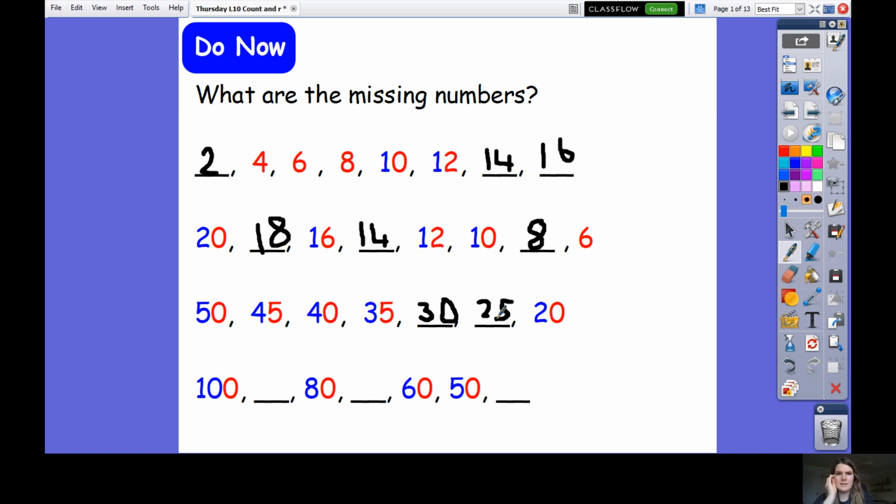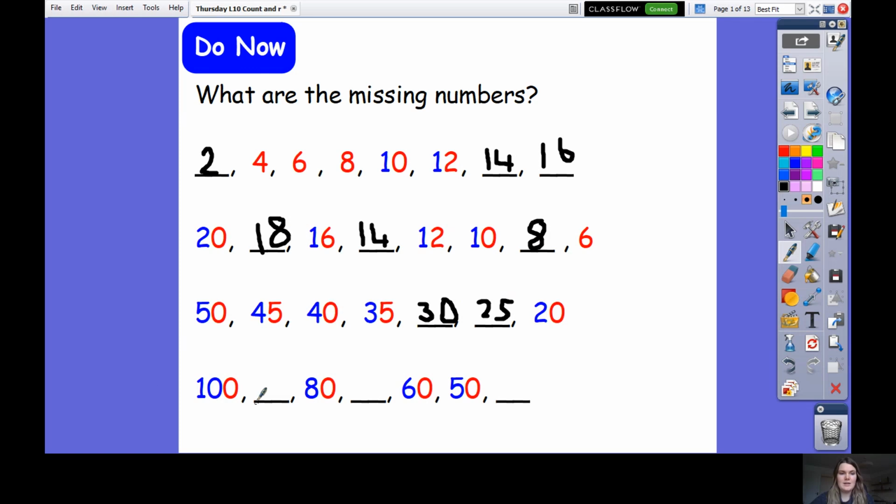Okay, what about our last one? Big number on our last one. What's that number? 100, well done. So are we counting in 5s, 10s or 2s here? 10s, how do you know we're counting in 10s? Because every number ends in a 0. Okay, you ready? 100, 110.